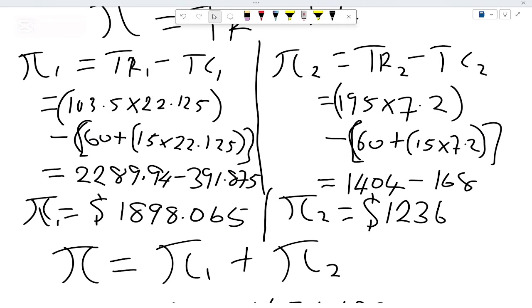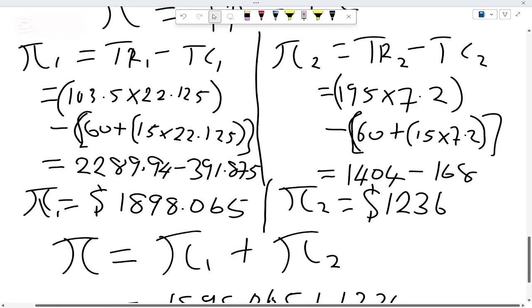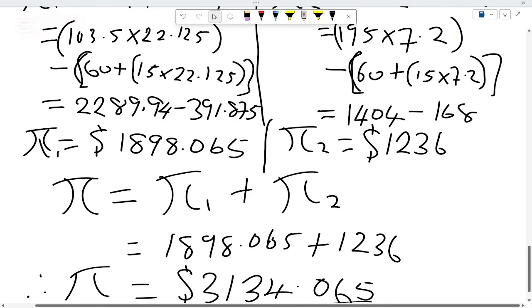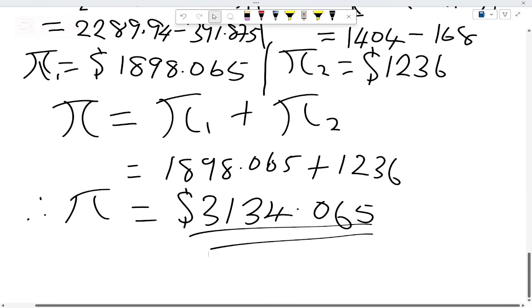So when you look at it critically, supposing 22 units were sold in the second market, you can imagine what the profit would be like. That is why monopolists use this strategy to maximize profit.